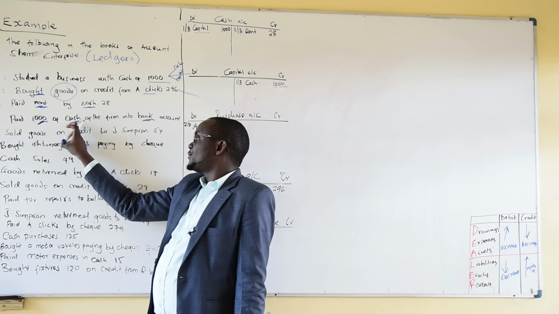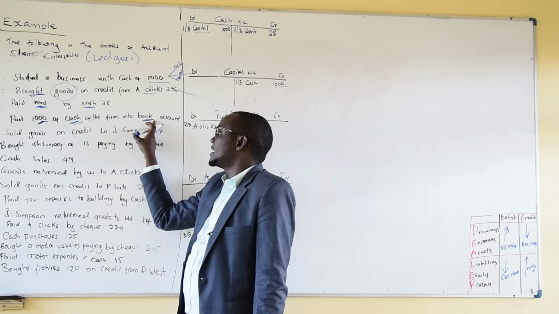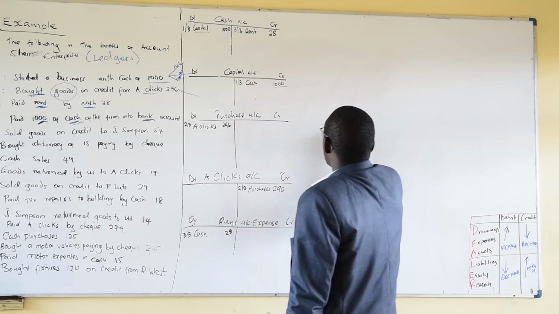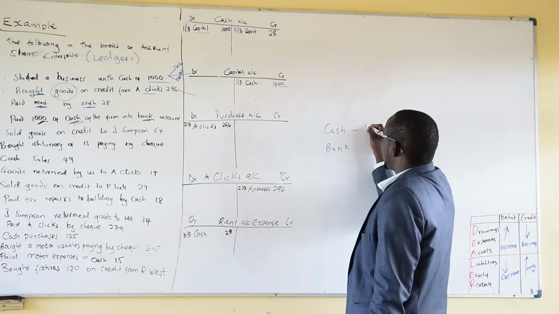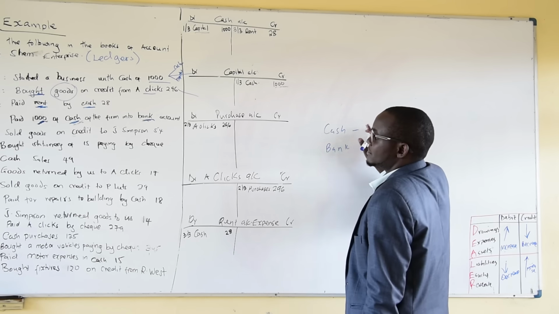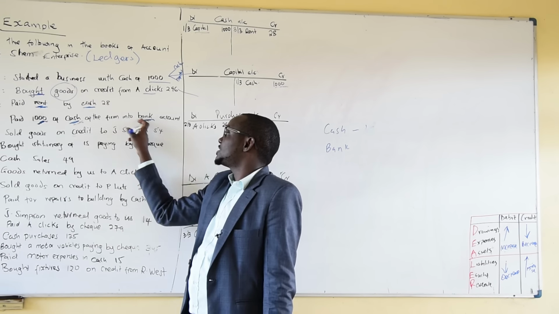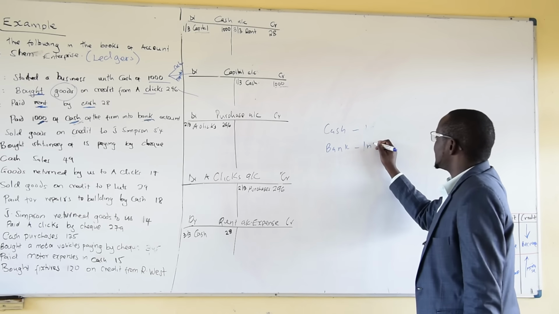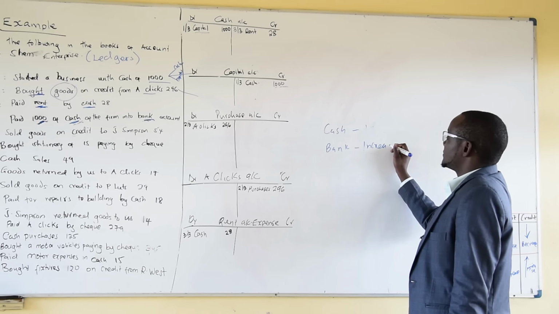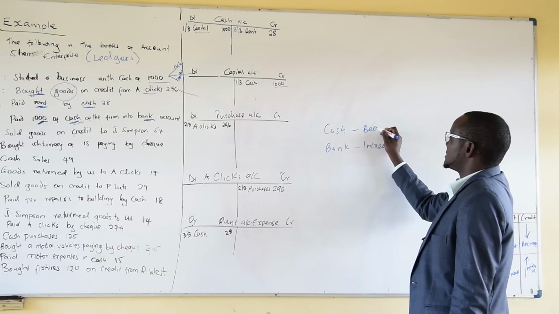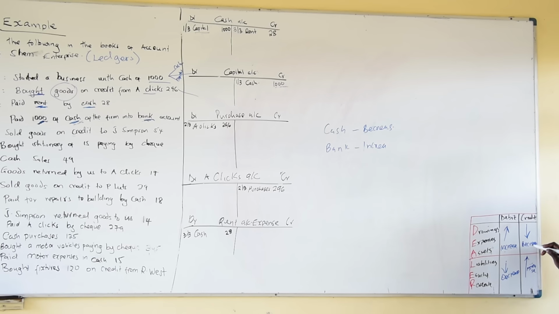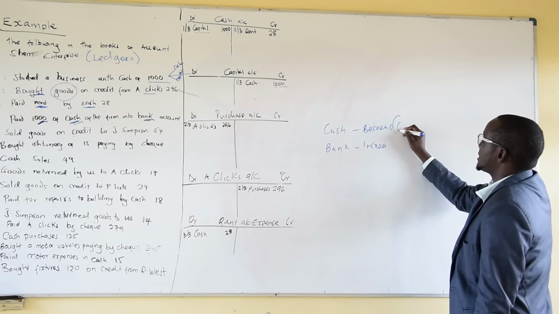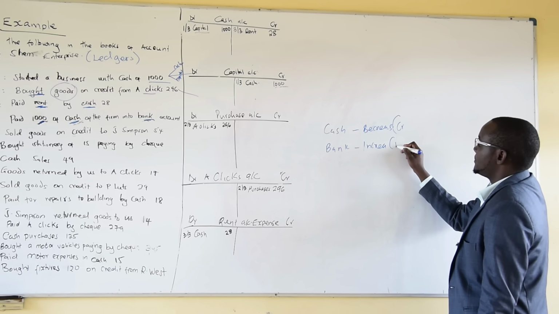Here, cash is decreasing because we are taking money from cash and putting it into the bank. The bank is increasing. The decrease in cash, which is an asset, is shown by a credit. So this one we shall credit, this one we shall debit.